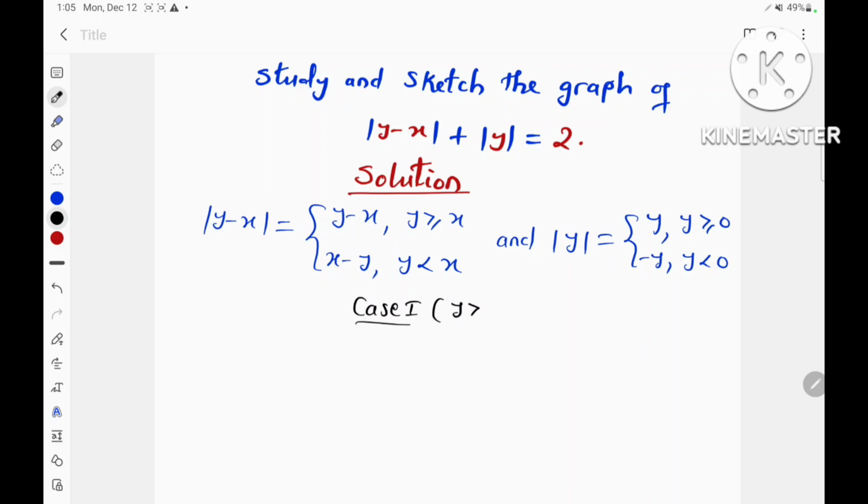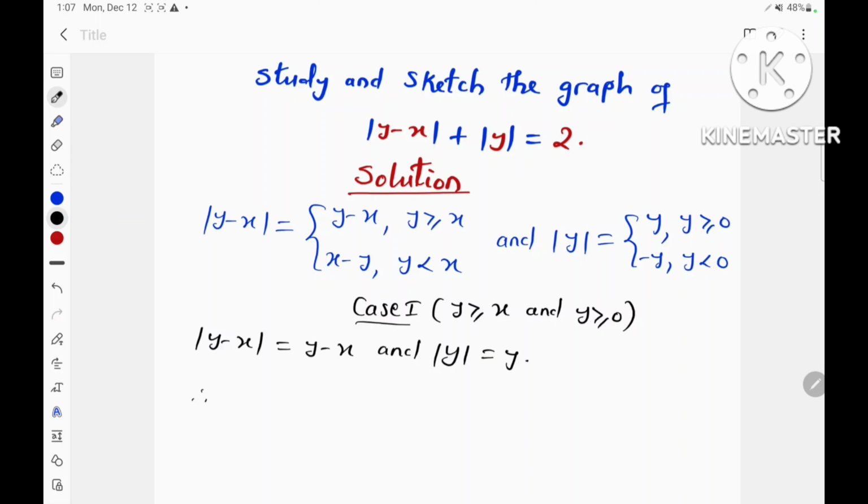That is y greater than or equal to x and y greater than or equal to 0. For this particular case, the absolute value of y minus x is equal to y minus x, and the absolute value of y is just equal to y.